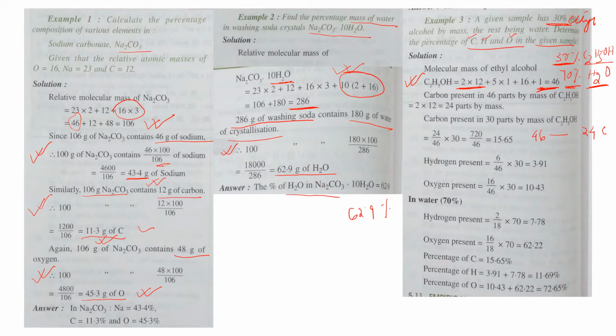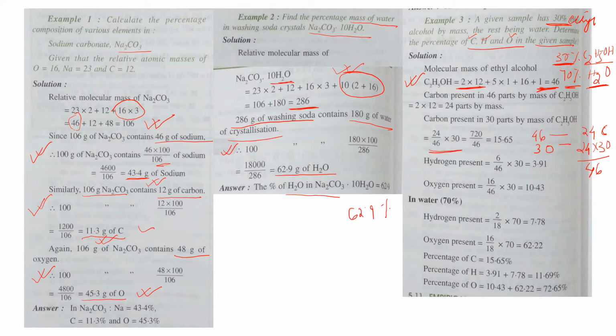I'm writing in short. So for unitary method, for 30 parts, because 30% is ethyl alcohol, 30 parts of ethyl alcohol contain 24 into 30 by 46. This will give you how much parts of carbon is present, that we are getting.